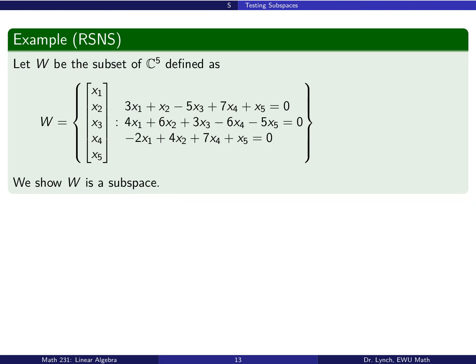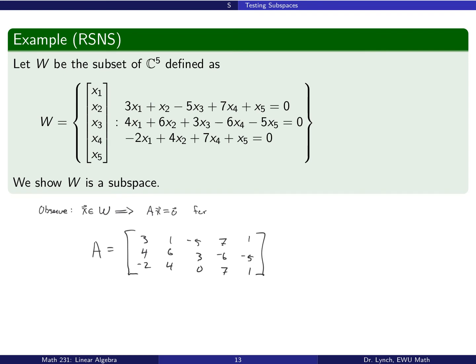Here's a subset W such that members of W satisfy sort of 3 rules for membership. So we can see right away that an element of W is an element of the null space of a certain matrix.